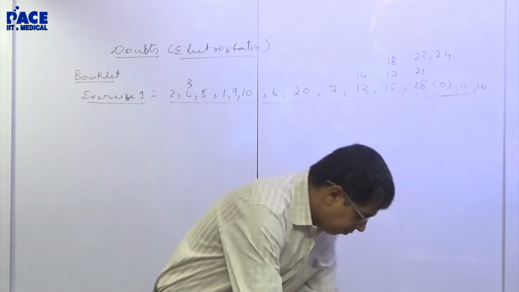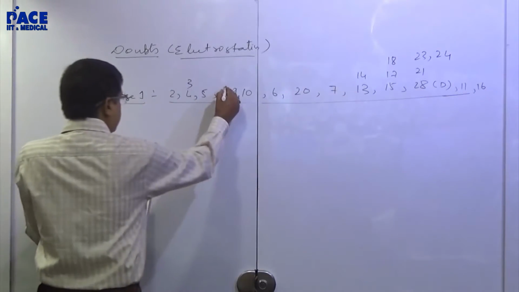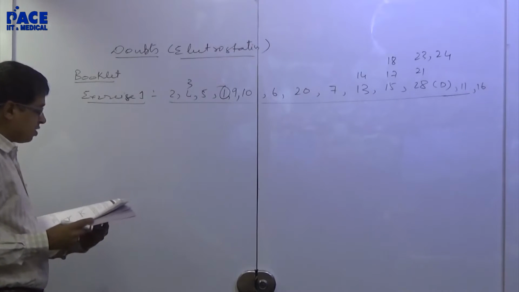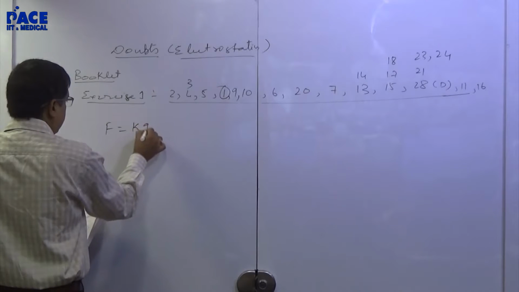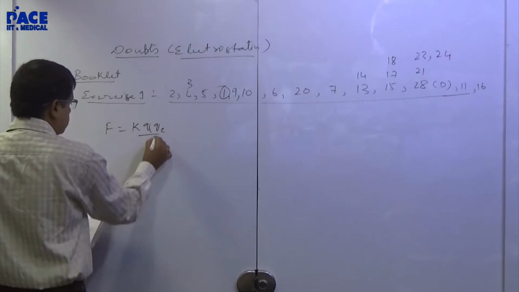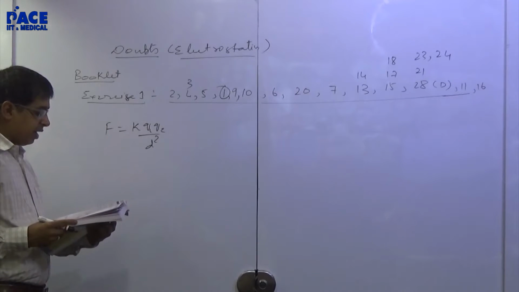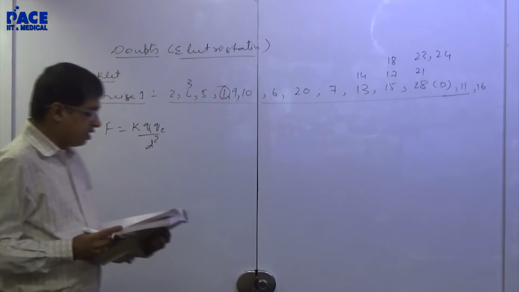Now listen. Somebody said first. Two identical conducting spheres having charges of opposite sign attract each other with a force. Now force is equal to K Q1 Q2 by D square. Spheres are connected by a conducting wire which is then removed and therefore they repel each other with this force.